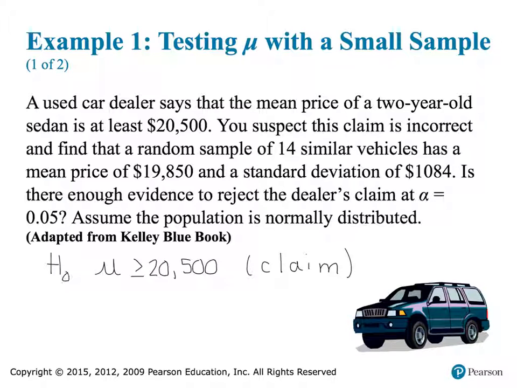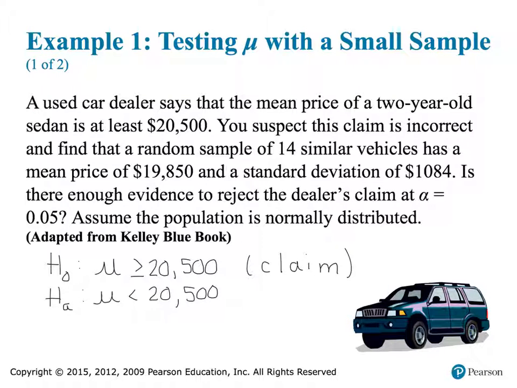It's a claim about a mean, which is why I'm using mu. So our null would say that mu is greater than or equal to 20,500. We know that our alternative is the complement of that, which would be less than 20,500.